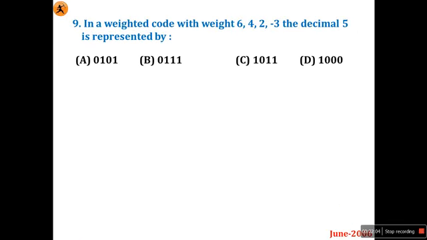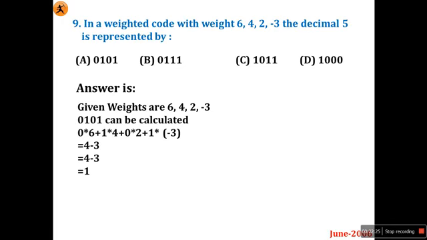In a weighted code with weights 6, 4, 2, -3, the decimal 5 is represented by which option? Now they have given some weights, and with these weights, which number will give a decimal 5? It's very simple, if you know how to solve this one.